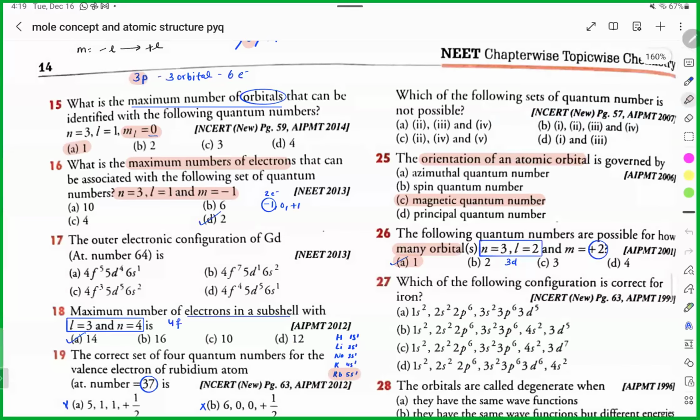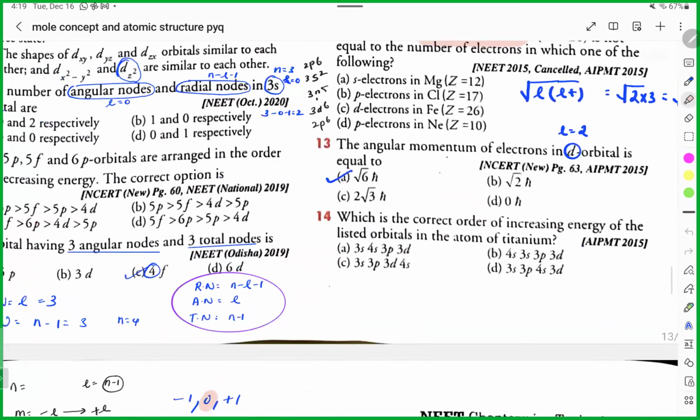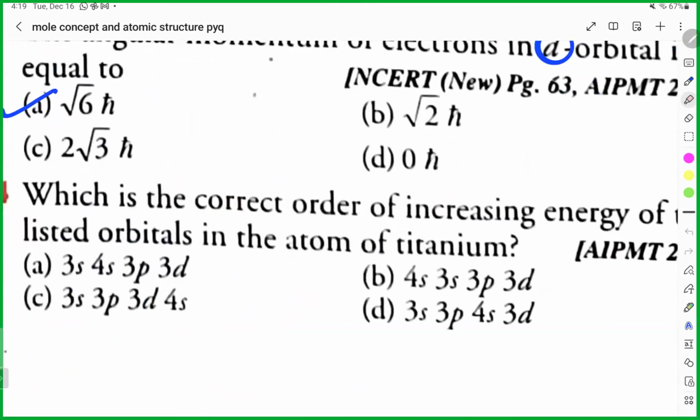For example, you solve some questions and you have to correct the configuration and energy. Example here, what is the list of energy? These kinds of questions we can explain based on the Aufbau principle, which says the n plus l rule. That's why I will give you timing. Guys, I am starting at like 8:10 and by 8:20 I'll finish everything. I'll give you a proper timer because it's extremely small.